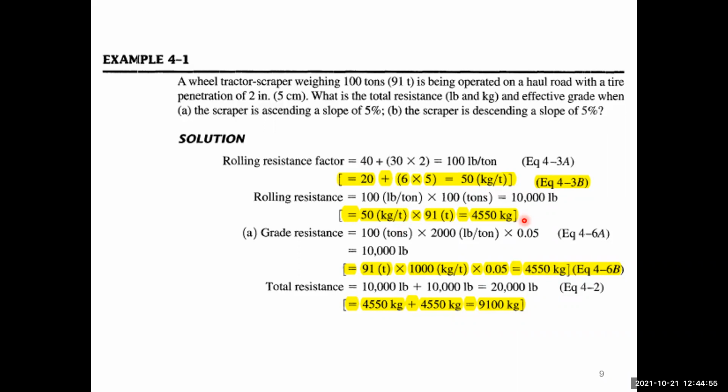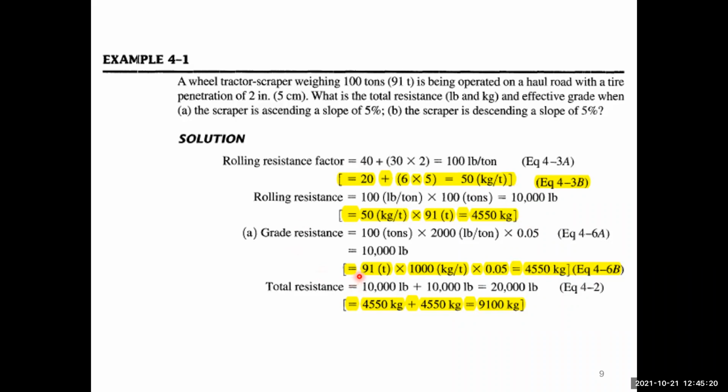Okay, so that will be the rolling resistance. Then what do we need to find? The total resistance and effective grade when the scraper is ascending. So if the rolling resistance is there, then what is the effective grade resistance?